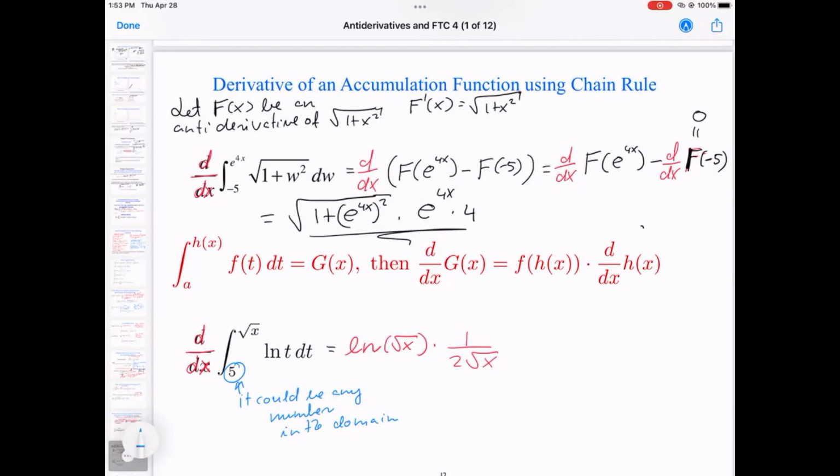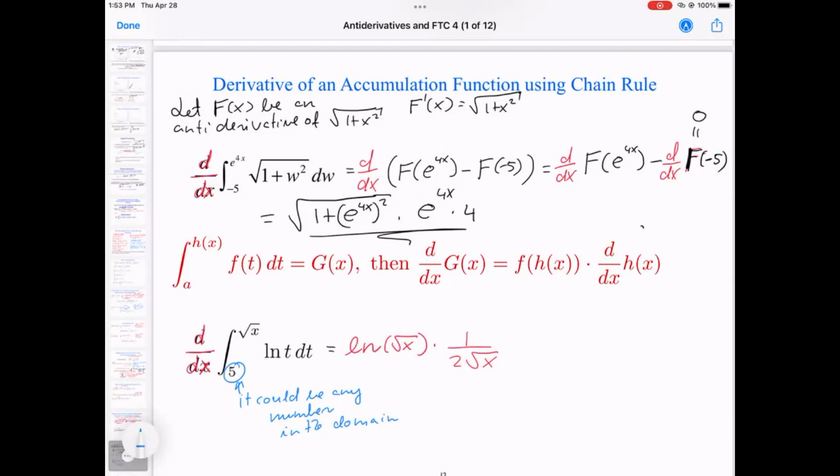So let me go back to here first, okay? I'm going to take this accumulation function, except the upper limit is not x, it's going to be a function there. It's more complex, right? So forget about this dx now, I'm not taking the derivative.